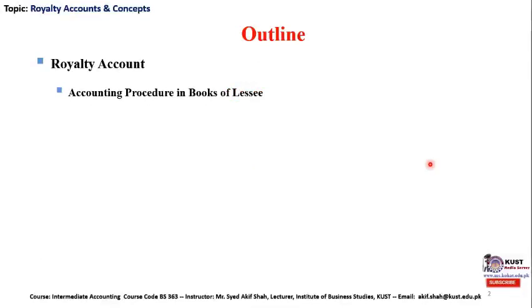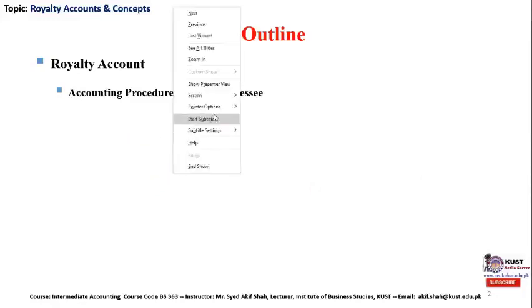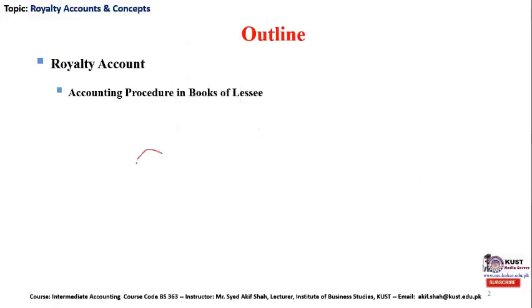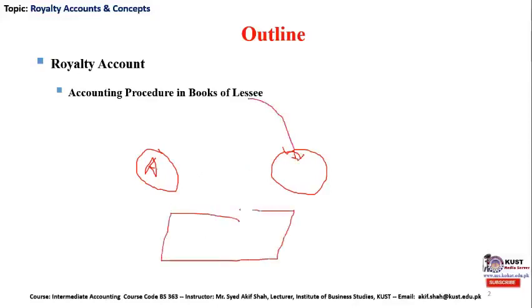books of lessee. Since we have two parties involved in a lease agreement, one is known as lessor, who is the landlord. One party is a lessor, party A, who is also known as landlord, and the other one is the lessee, who is going to have a lease agreement with party A to utilize certain specific piece of land or assets for generation of revenue or profit.